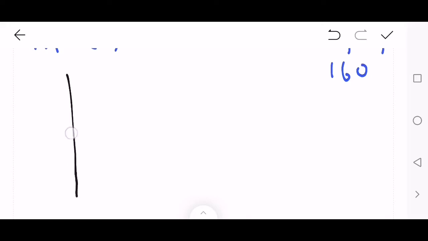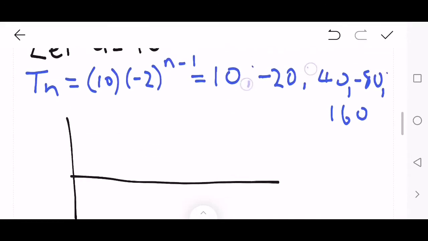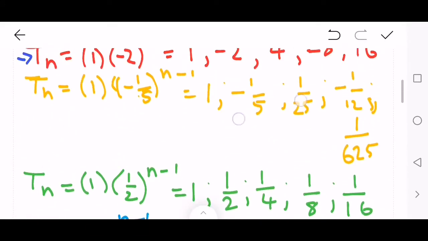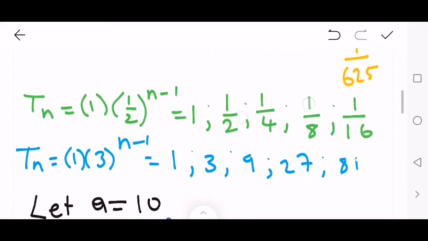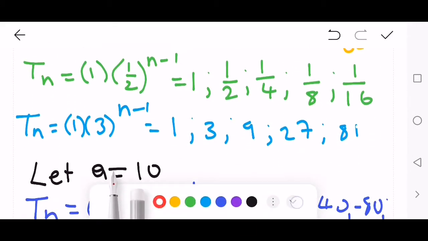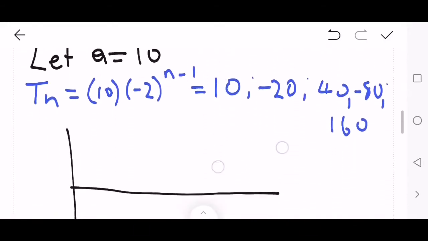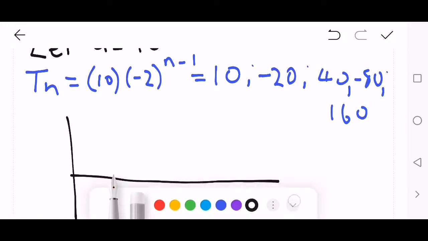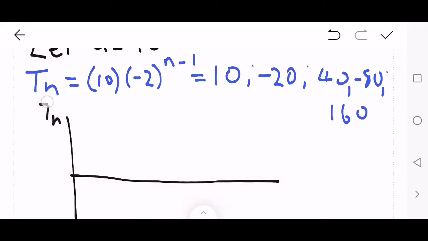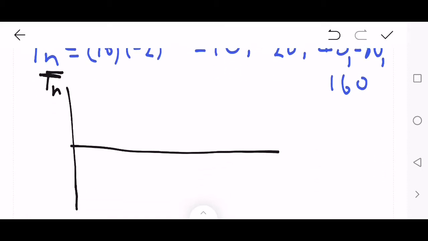Our plane will not be to scale. We will just plot these not considering the scale. So let us start with the first one. Our range, or our y-axis, will be Tn, and our x-axis, or our domain, will be n.